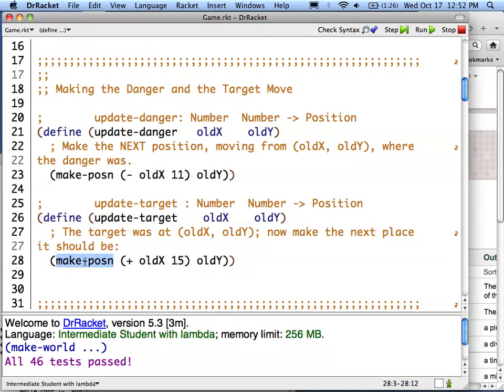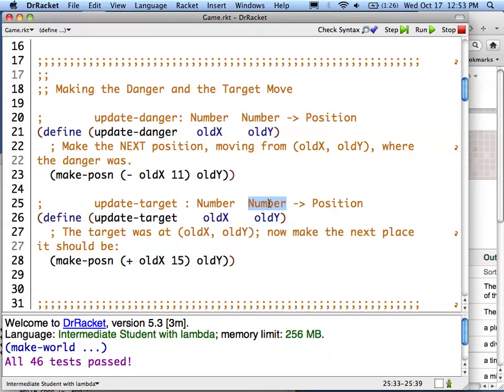Next, we have make position, and make position takes a number helpfully produced by plus, and so we can see that plus fits together with make position because the range of plus is number, and the domain of make position has a number in this first spot. The domain of make position has a number in the second spot.